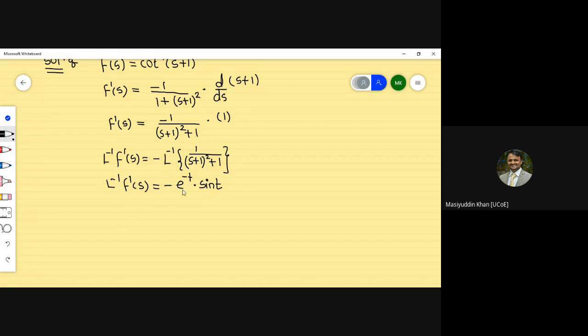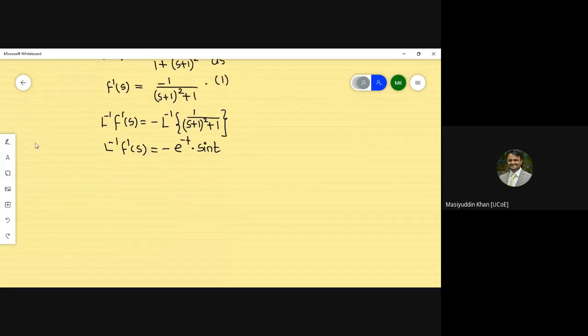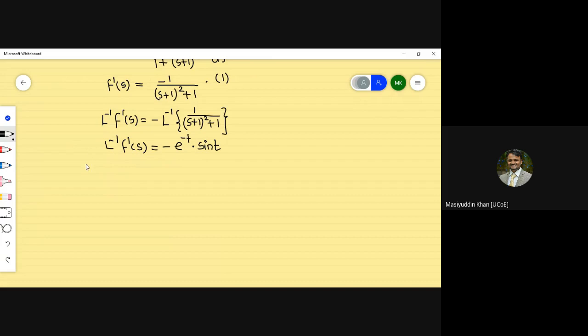If required, you can calculate by putting Laplace here. The Laplace of sine t is 1 upon s square plus 1 square, and when we multiply with the exponential using the first shifting theorem, you will get this result. So this is our Laplace inverse of f dash of s. Now we have to write the formula. Hope everyone is aware of this.